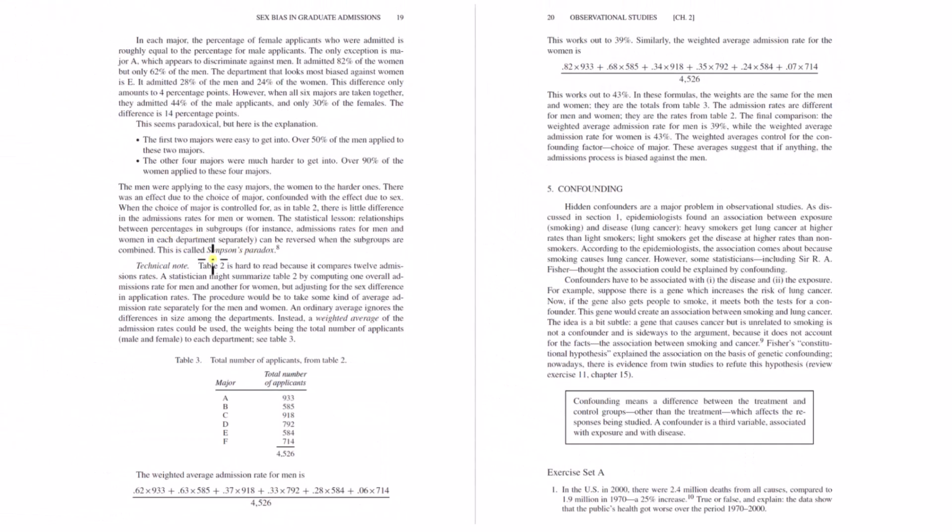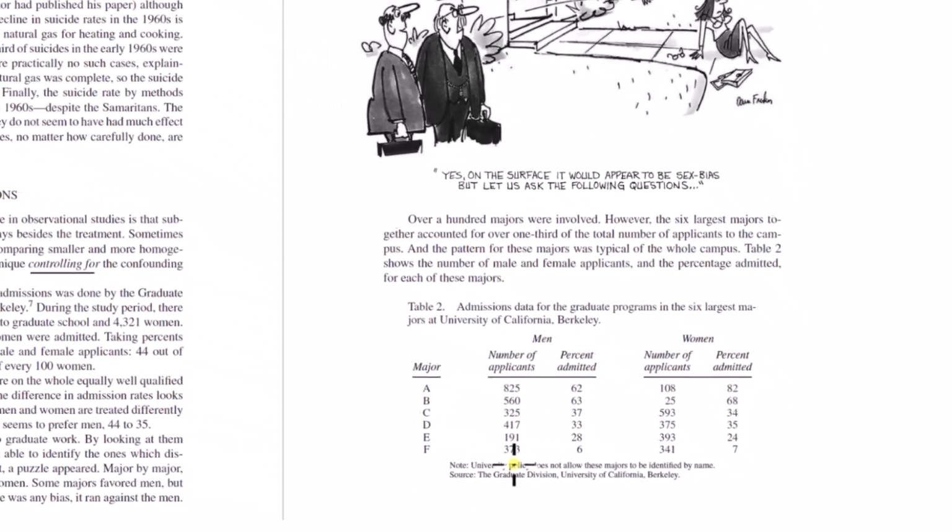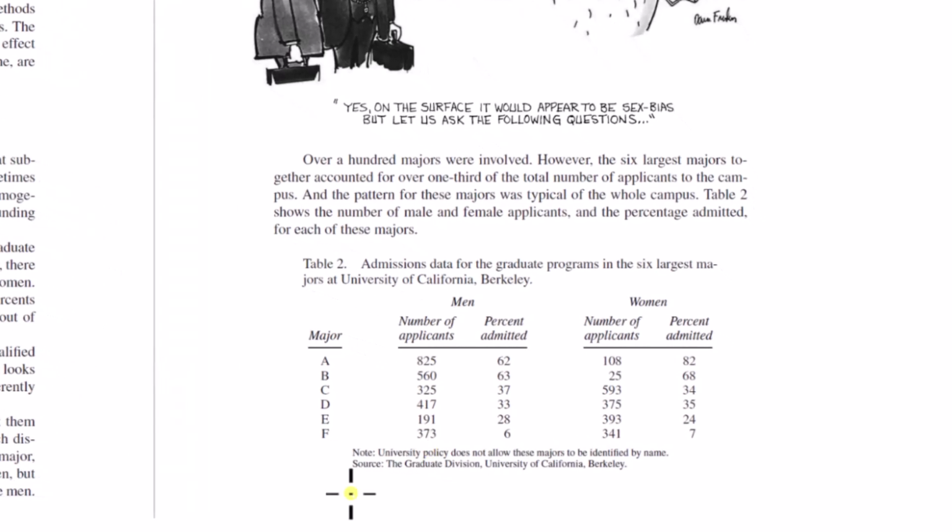And so what happened here is an example of Simpson's paradox. This can be confusing. It took me a little while to grasp this, but it makes perfect sense. If we come back here, what's happening is some majors are harder to get accepted into than other majors.